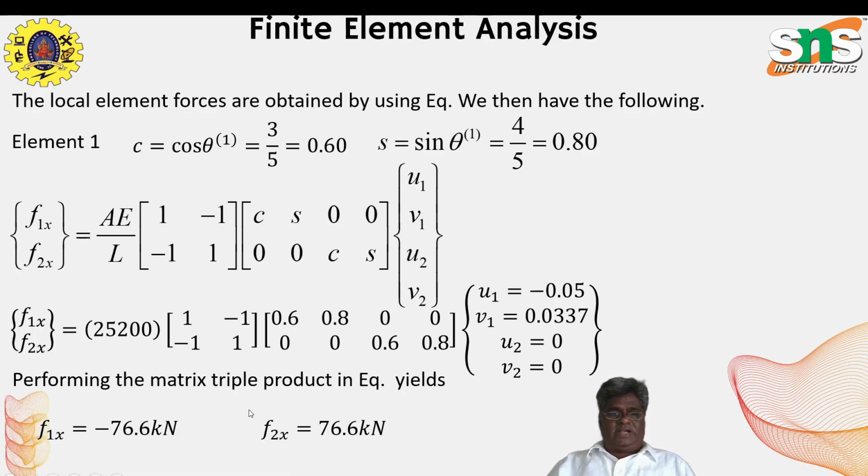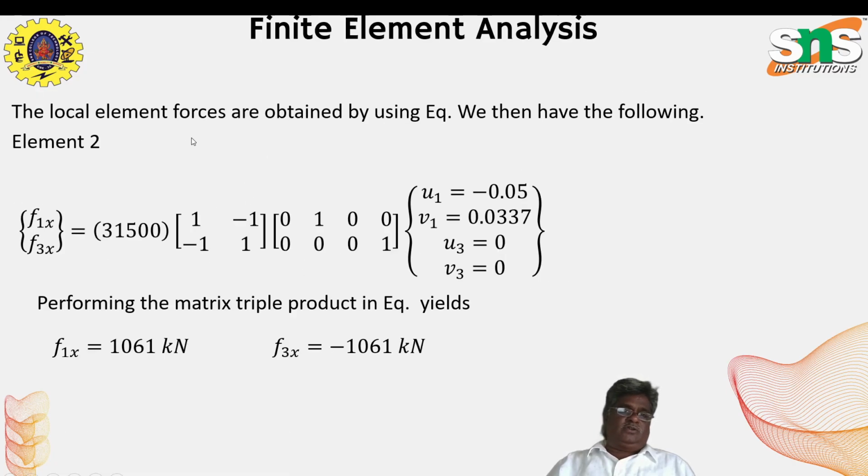Performing the matrix triple product in the equation yields F1x equal to minus 76.6 kilonewton, F2x equal to 76.6 kilonewton.